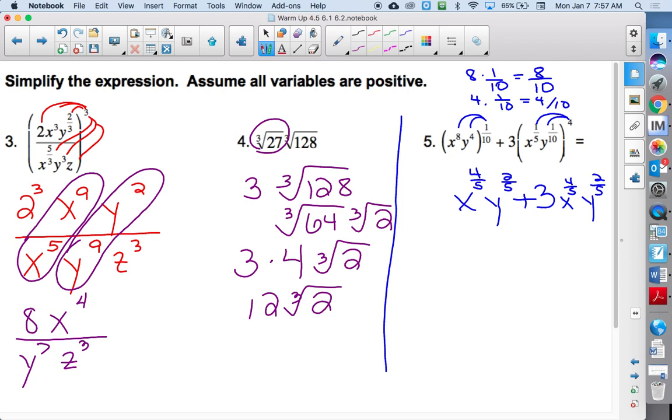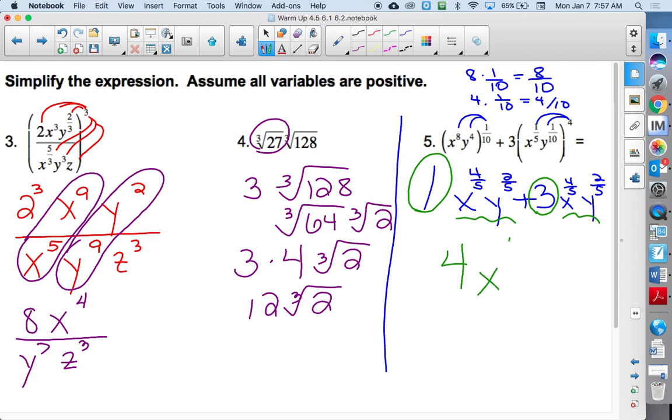Matt, what number is in front of the first x and y? 1. A 1. So what can you do with these, Matt? Add them. You're adding the 1 and the 3, because now the part that's behind it is exactly the same. So they're like terms. The power and the variable match up. So 1 plus 3 gives us 4.